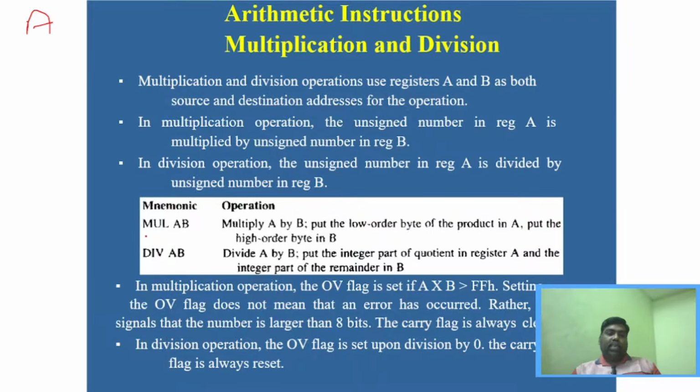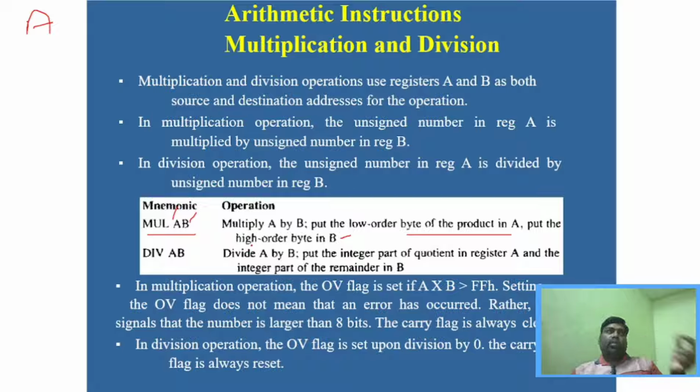MUL AB is nothing but multiplying the content of A by B, and you get a result. In that result, the lower order byte is placed in A and the higher order byte is placed in B.